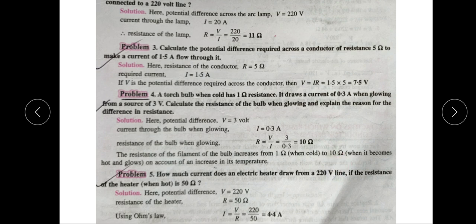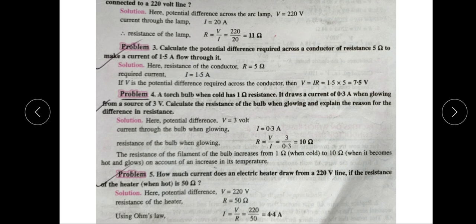A torch bulb, when cold, has a 1 ohm resistance. It draws a current of 0.3 ampere when glowing from a source of 3 volt. Calculate the resistance of the bulb when glowing and explain the reason for the difference in resistance. Okay, repeat.